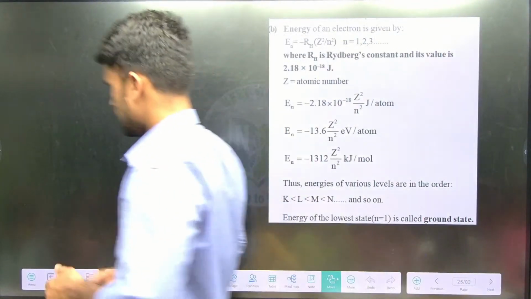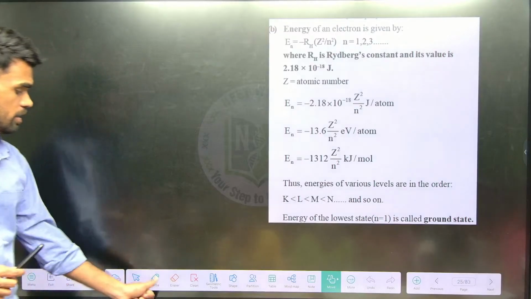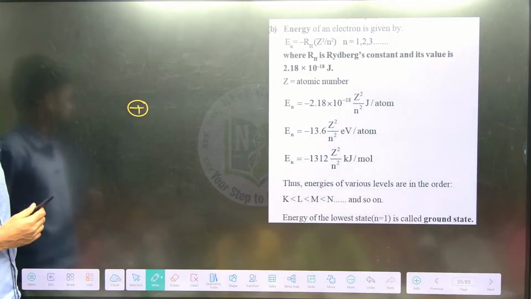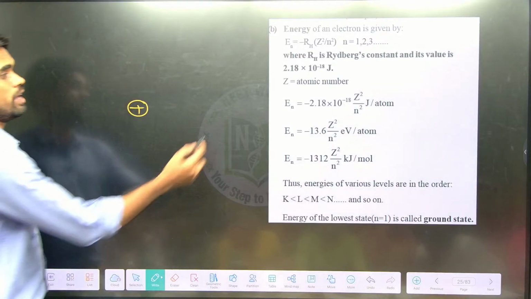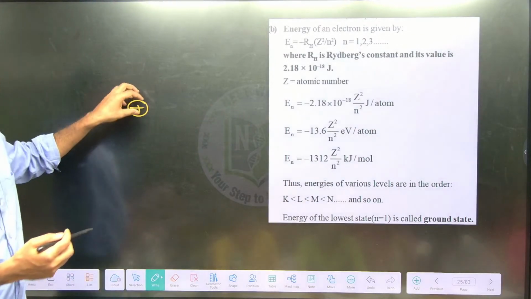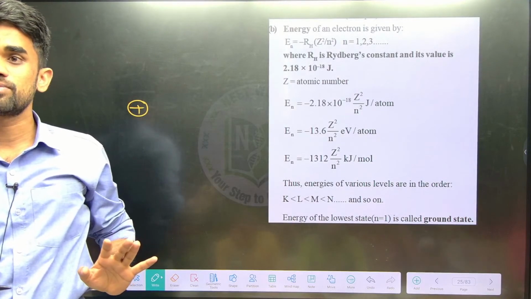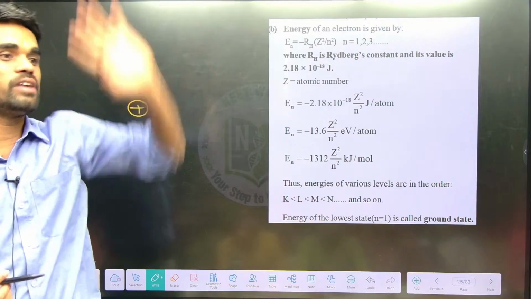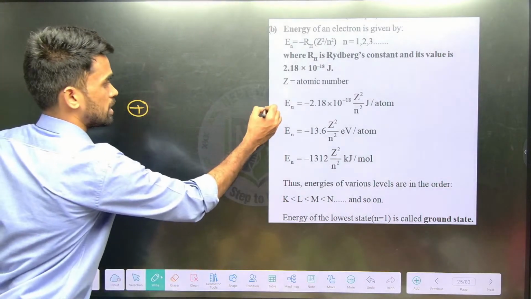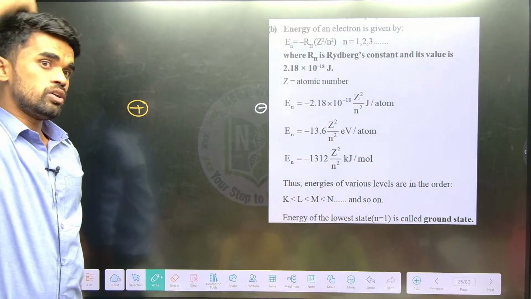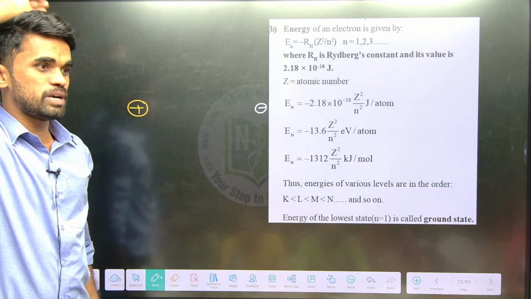Try to look here. If this is the nucleus, a positive charge, and somewhere at infinite distance an electron is there, is there any attraction between them?